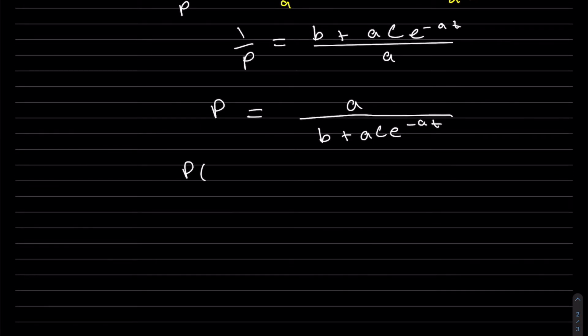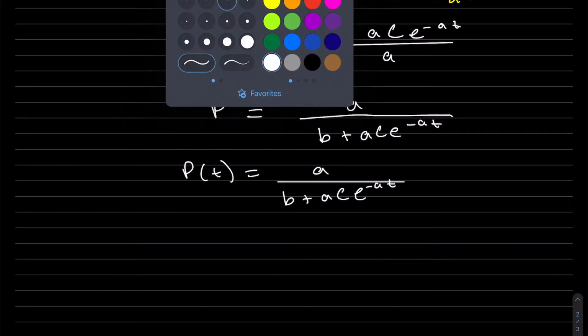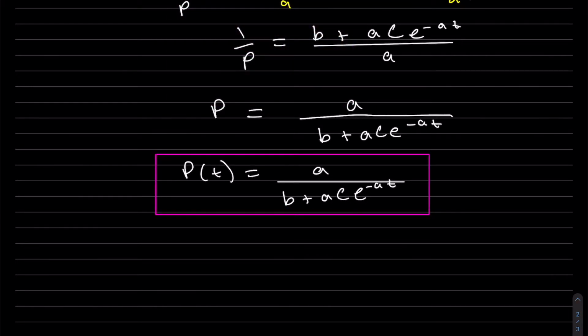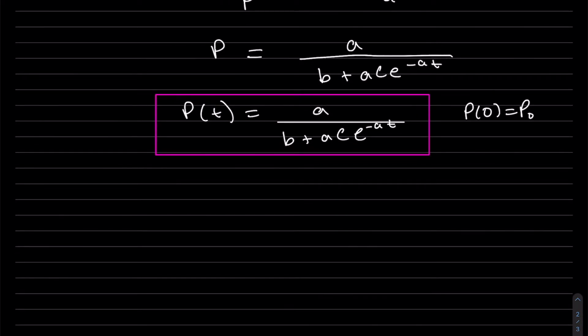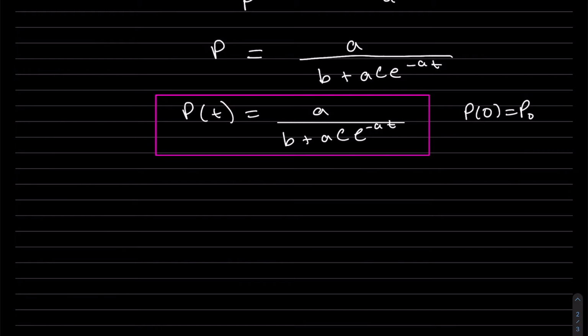So this is our P of t, our general solution. We want to use our P of 0 equal to P naught to find out what that c is in terms of P naught. This goes to 1, so P naught equals, and then we have to solve for that c.